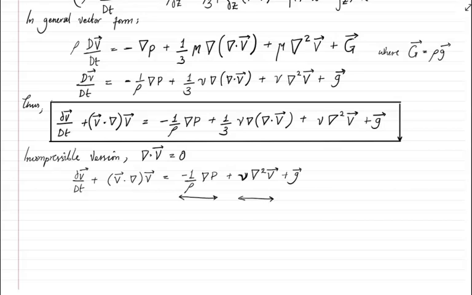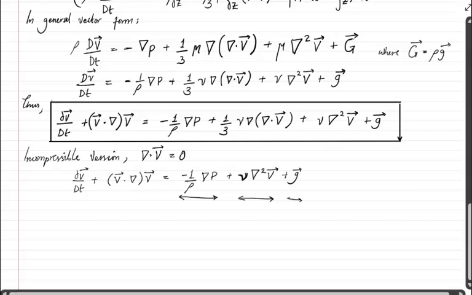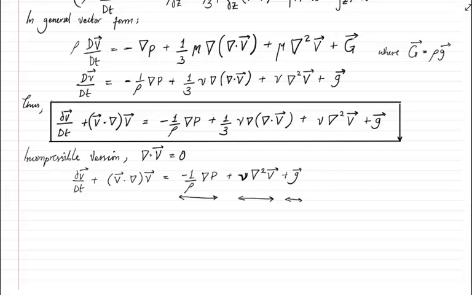Then we also have the body force, which is gravity. On the action of gravity, this will actually act to move the fluid. If you neglect body forces, there would be no motion due to them. So this in general is the Navier-Stokes equation.